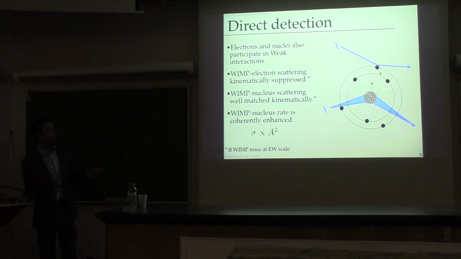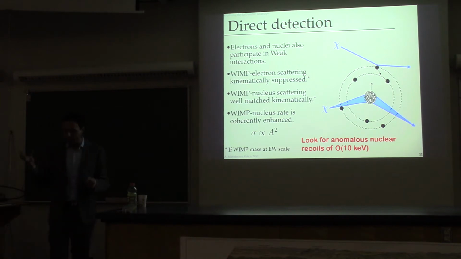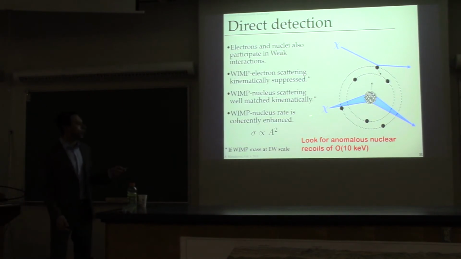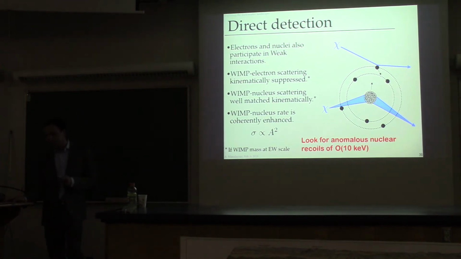A is the number of nucleons, protons and neutrons, due to this coherence, the fact that this interaction is not probing substructure. So really, if we want to look for evidence of a WIMP interacting with normal matter, what we want to look for is an anomalous source of nuclear recoil, situations where a nucleus just goes in one direction. We don't see what caused it.